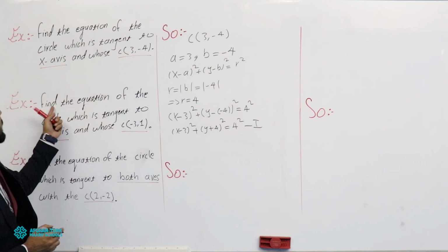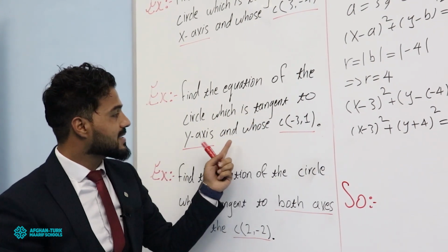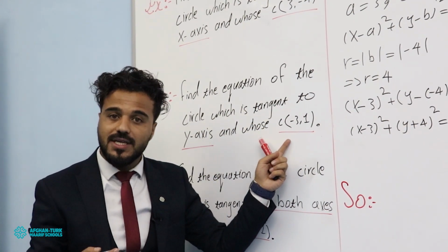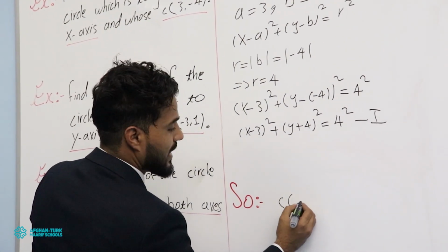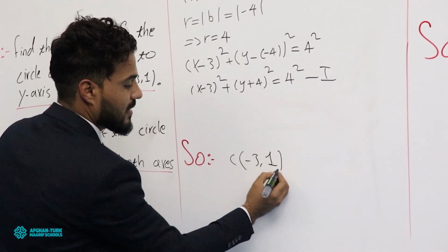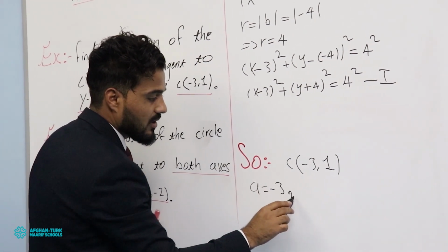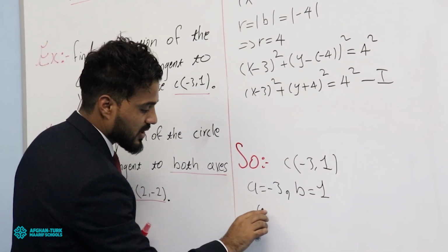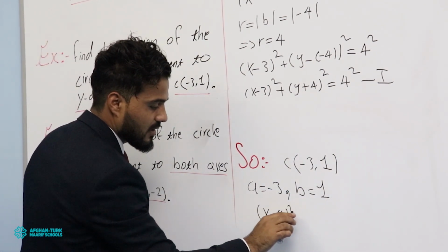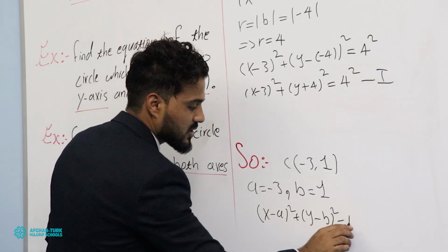Second example: find the equation of the circle which is tangent to the y-axis and whose center is (−3, 1). So again, look here, the center is (−3, 1). So here a is equal to −3 and b is equal to 1. Now I am going to write our standard equation, which is (x − a)² + (y − b)² = r².